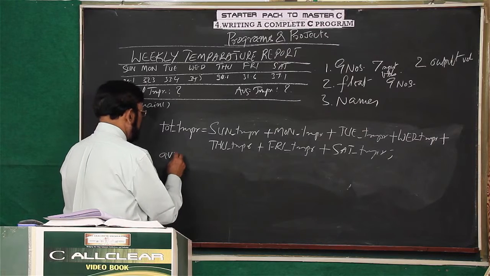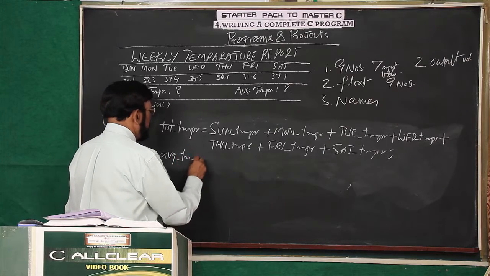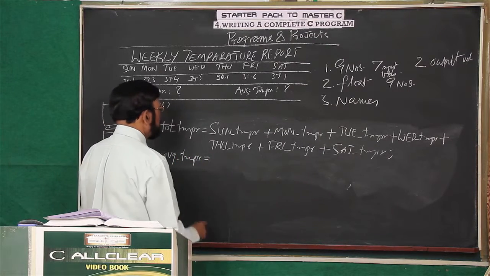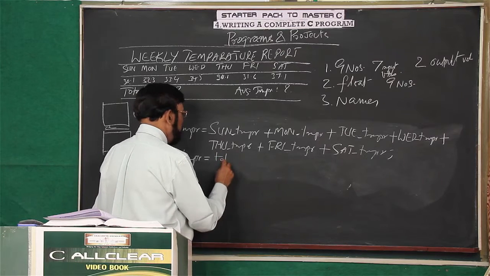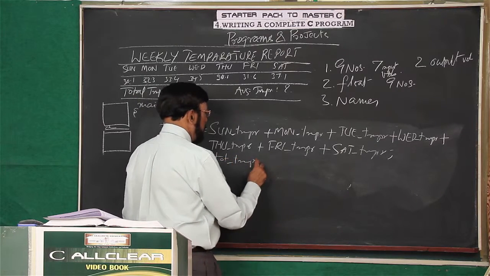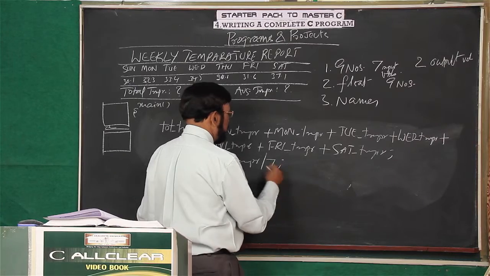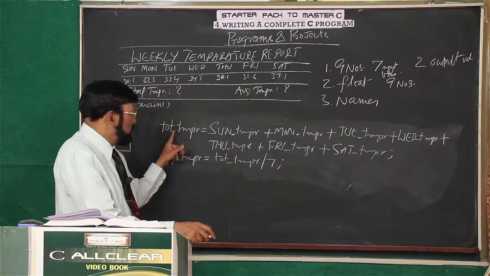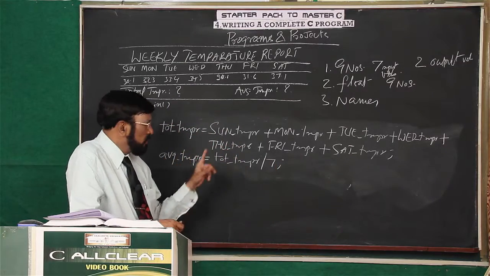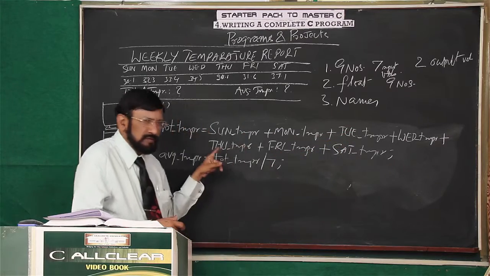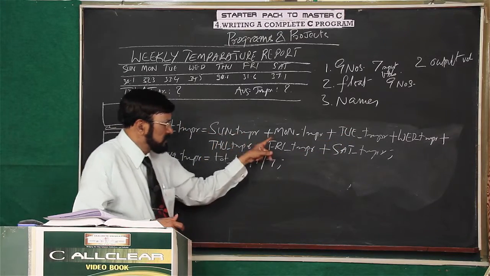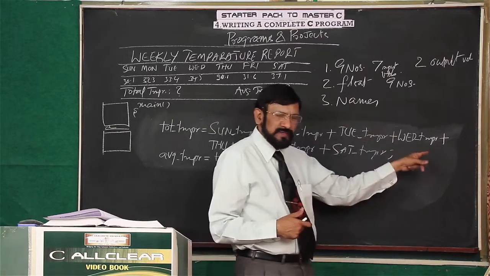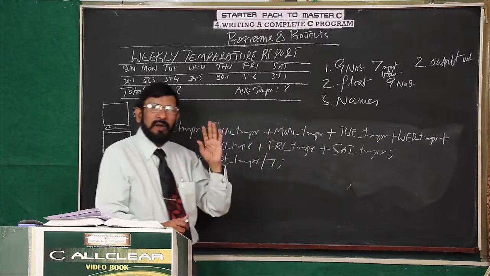Thereafter, average temperature. Average temperature is equal to, now you know that, total temperature by 7. Already I told you why you have to declare total temperature as float. Now all these are floats. So float versus float, you are making all float versus floats.